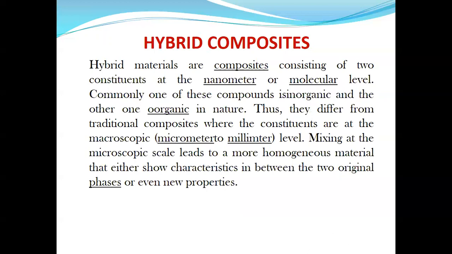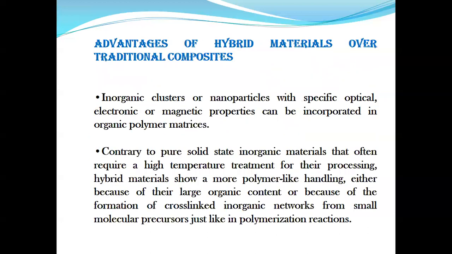Mixing at the molecular scale leads to more homogeneous materials that either show characteristics in between the two original phases or even new properties. So the advantages of hybrid materials over traditional materials: inorganic clusters or nanoparticles with special optical, electronic, or magnetic properties can be incorporated into an organic material matrix.